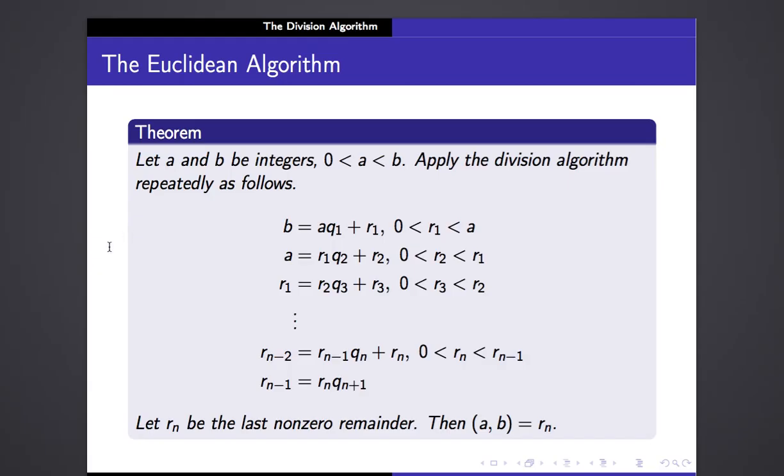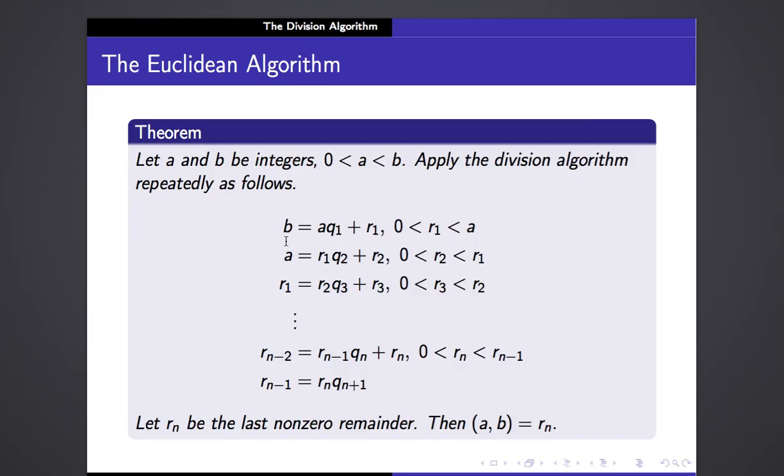Okay, so here's something called the Euclidean algorithm. Here's the theorem. Let A and B be integers, both positive, with B strictly greater than A. By applying the division algorithm repeatedly, the one we talked about earlier, the process can be applied repeatedly.